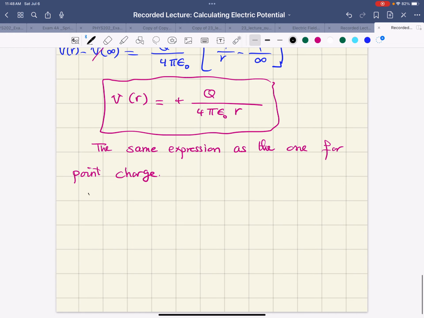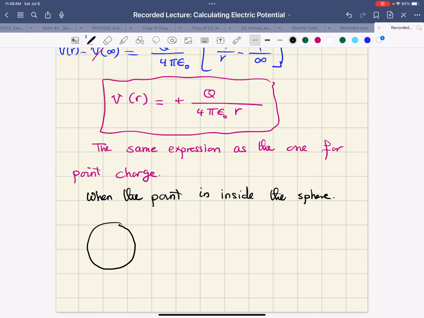Now, when the point is inside the sphere, I need to do the integration again. This is my sphere, with a radius R. My point P is somewhere inside.